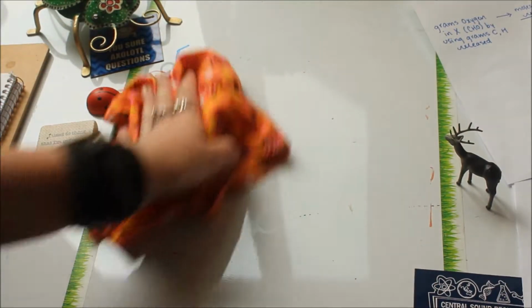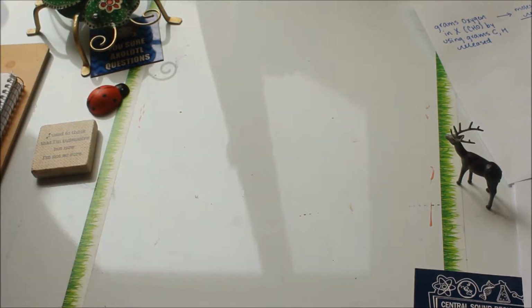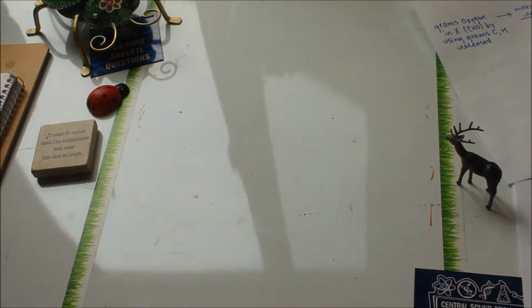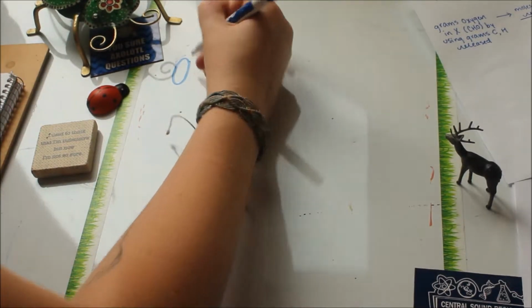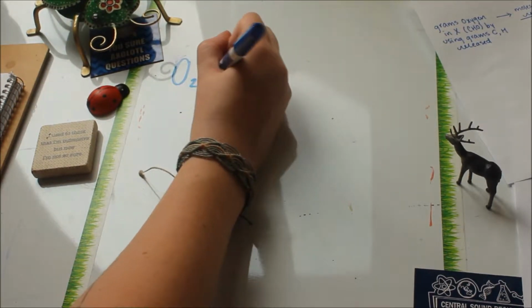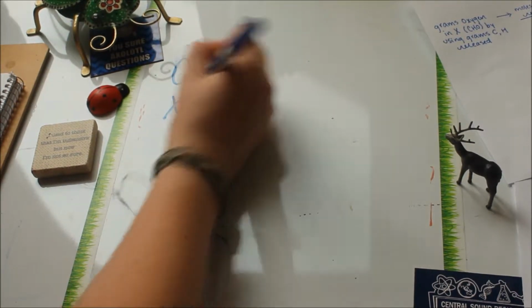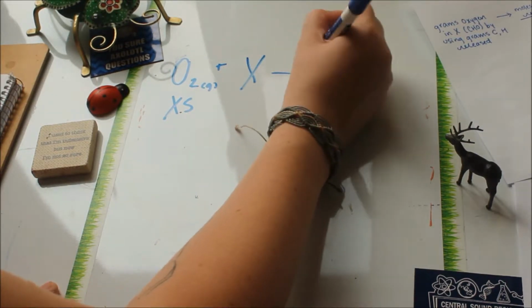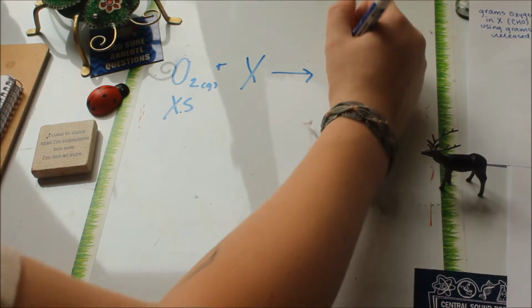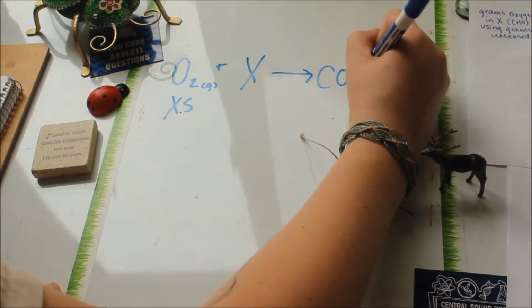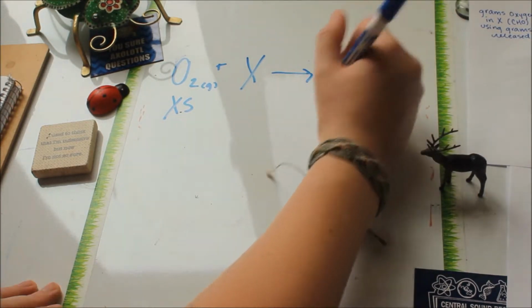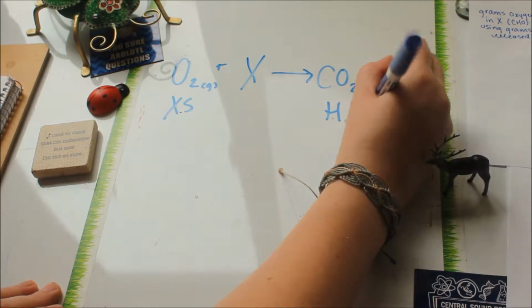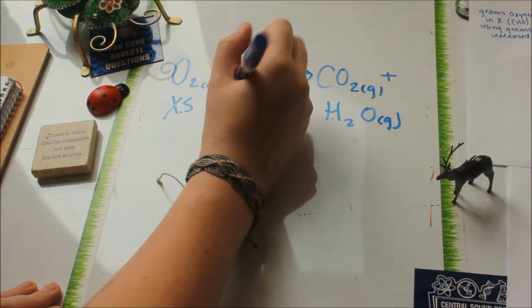Just for some definitions and background, a combustion reaction can be defined as a reaction with O2 as a gas in excess plus some sort of compound that yields CO2 gas and water as a gas.